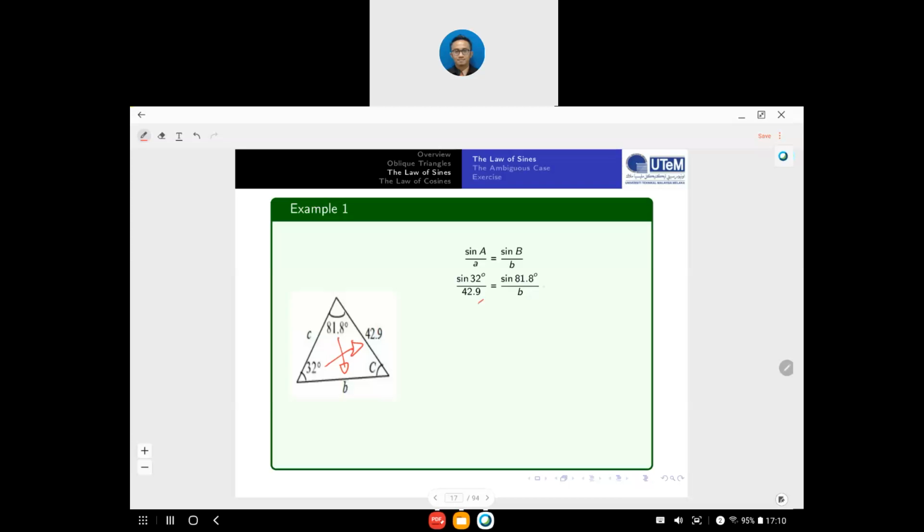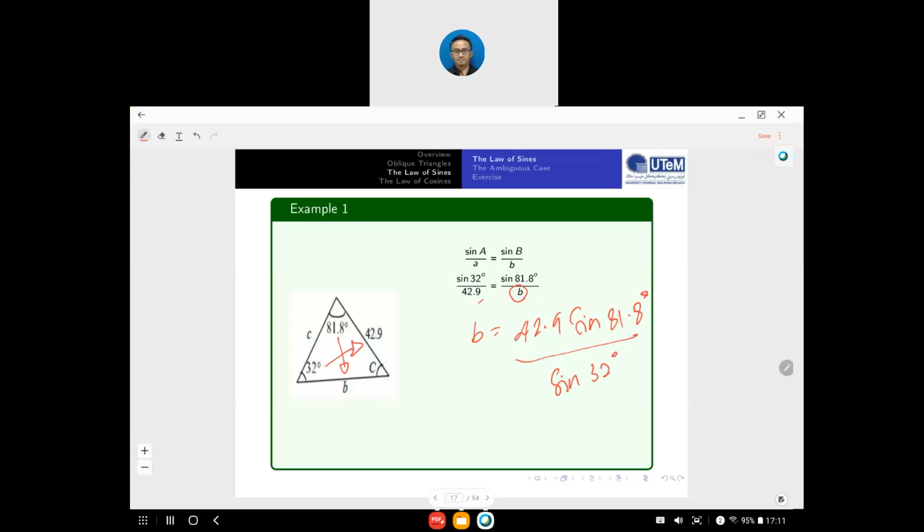Okay, and then we can get the value of length B. So here B equals 42.9 sine 81.8 degrees divided by sine 32 degrees.